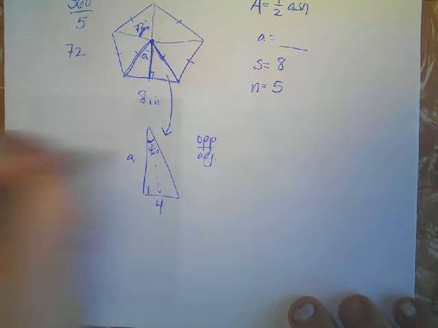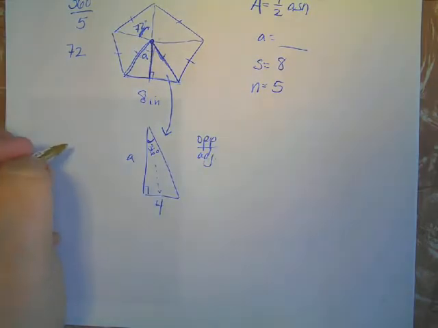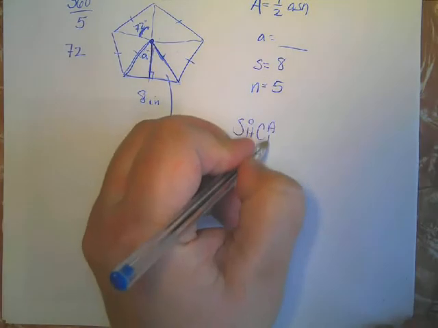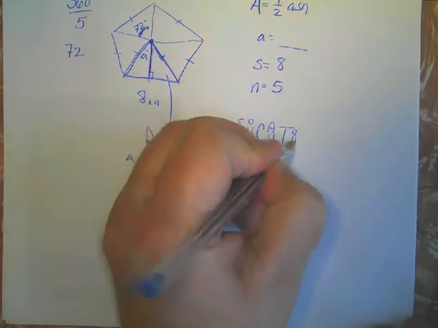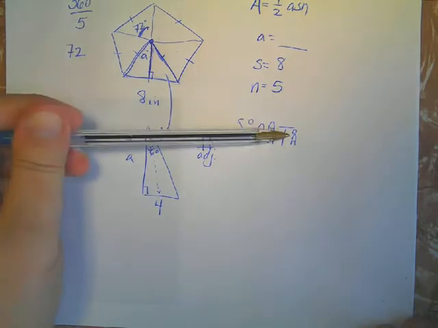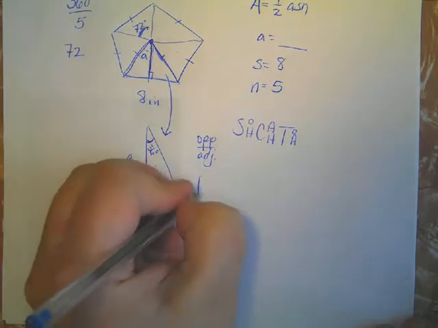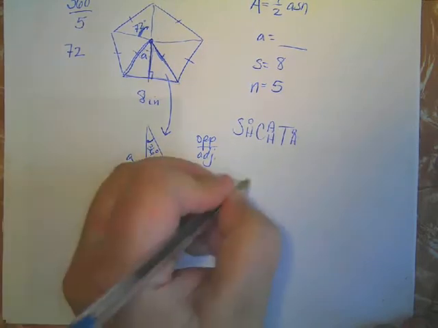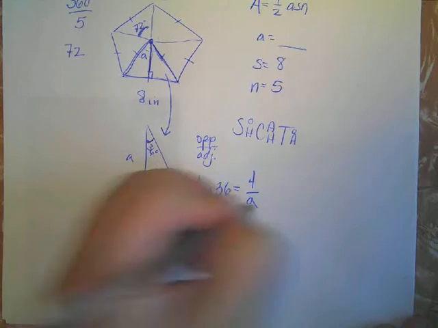I have to remember, and this is probably a little rusty, what trig function uses opposite over adjacent. So we look at SOHCAHTOA, and we notice that opposite over adjacent is tangent. So we have the tangent of 36 is equal to the side opposite over the side adjacent.